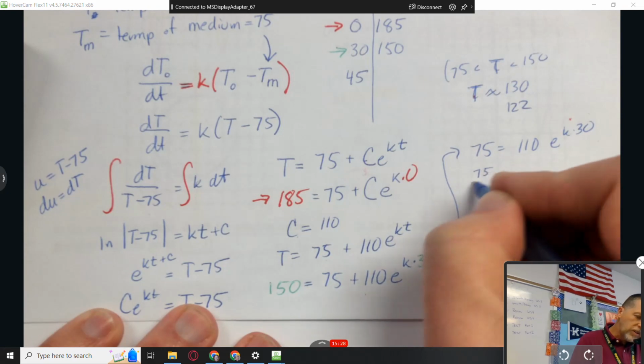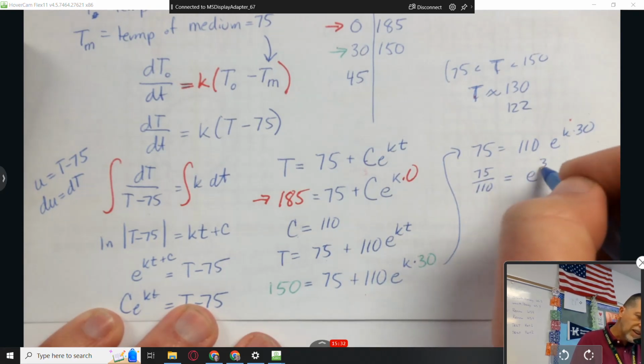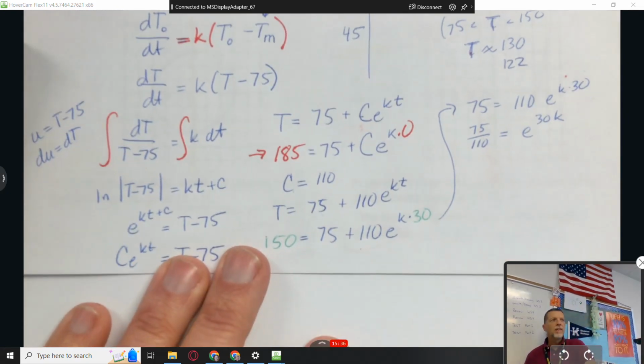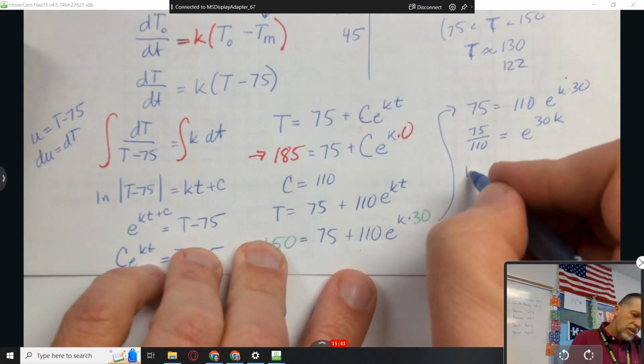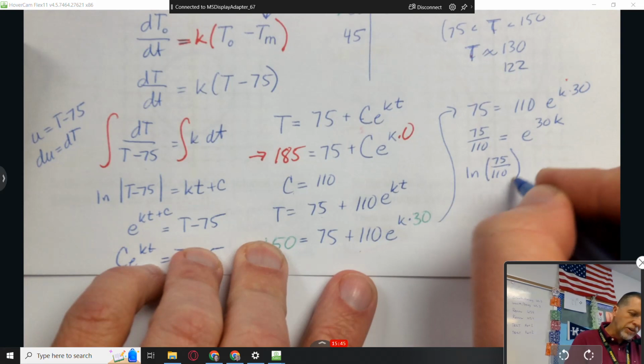I don't know what 75 over 110 is, so I think I will just leave it. 0.681818181. Yeah, I'm just going to leave it. It's going in my calculator in a minute anyway. So natural log of, it also reduces, but I don't care. I'm going to the calculator.